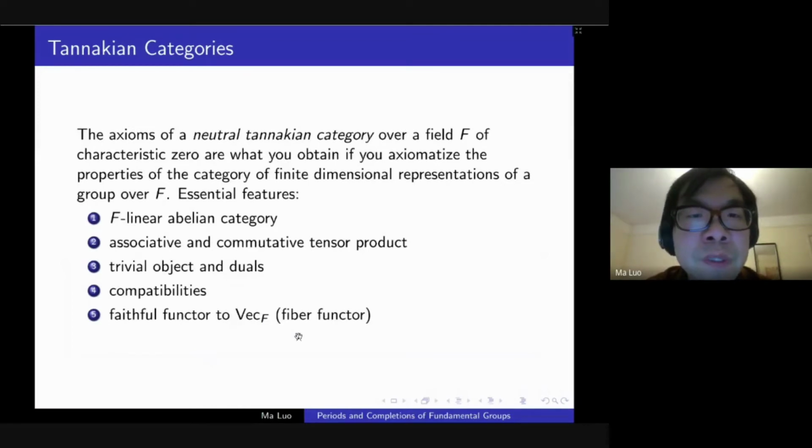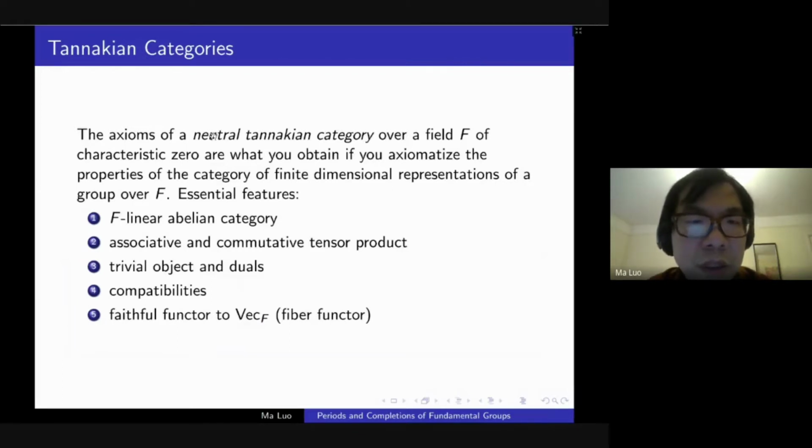Basically, you can think of this as a category having the properties you would expect of a category of finite dimensional representations of a group. So its objects are like vector spaces over F, and it's an abelian category, so it has kernels, cokernels, and it has a tensor product and duals, and there are some compatibilities between these things.